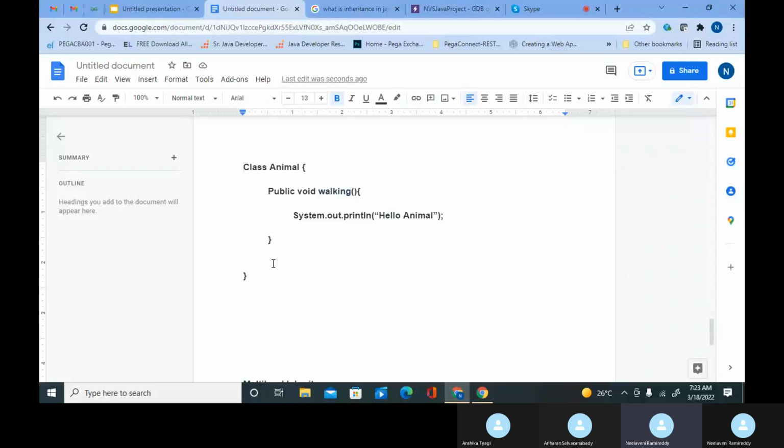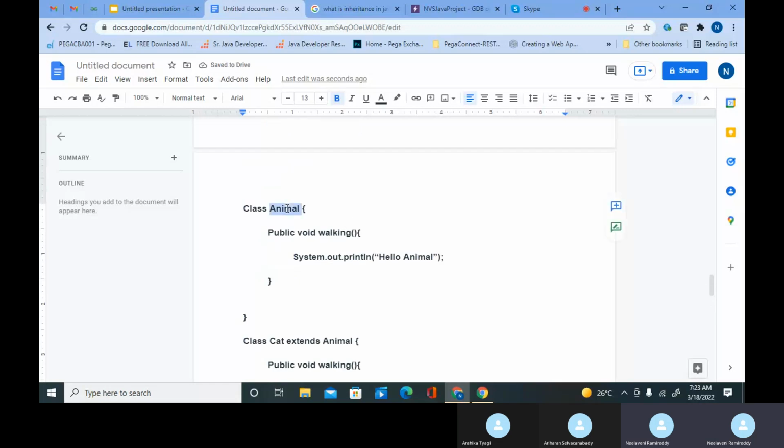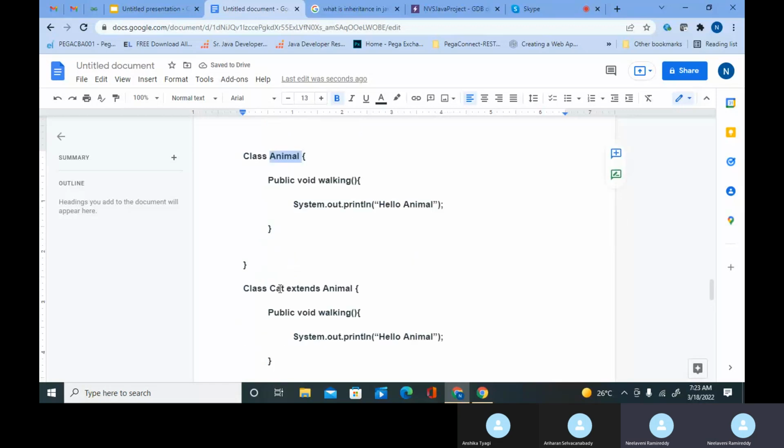So the same, I need one more actual animal. Instead of animal, I need maybe dog or cat. Cat extends Animal. So here Animal is the parent, Cat is the child.